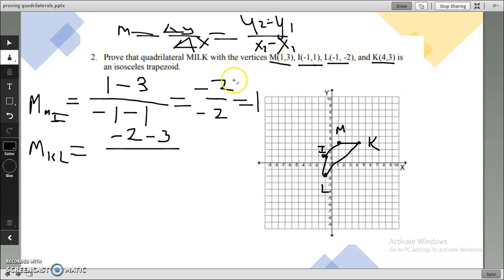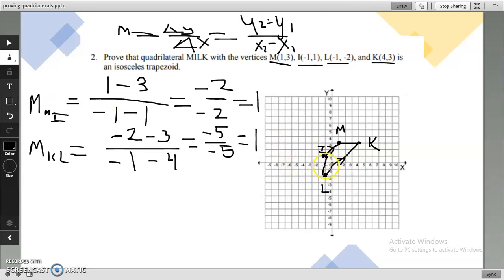Any of those will work. Then we have x2, which is -1, minus x1, which is 4. And that gives me -5 over -5, which is 1. So we showed that these two are parallel.